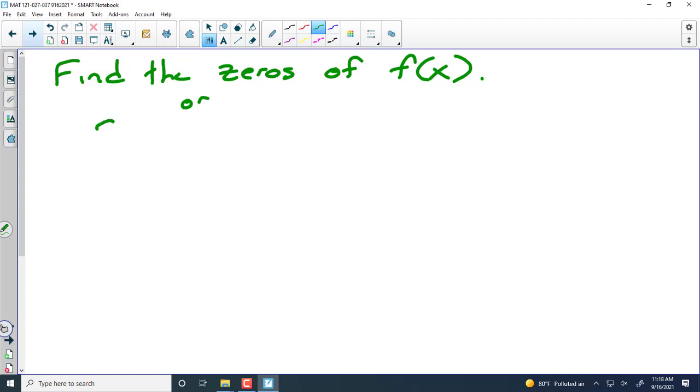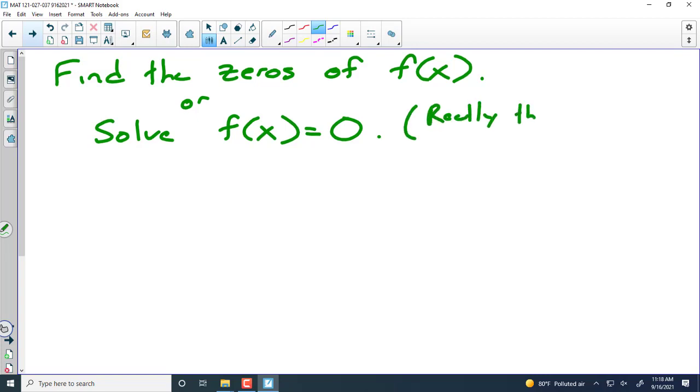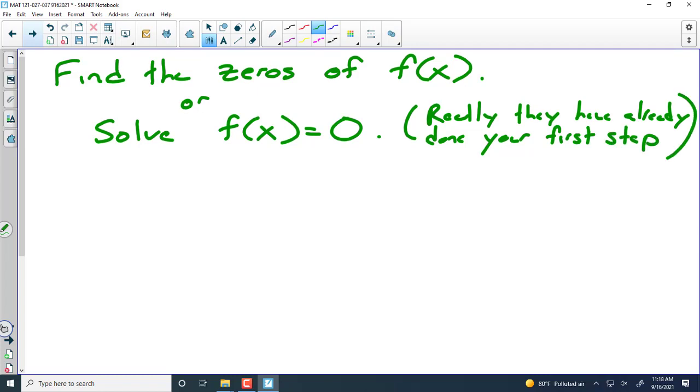Or you might even see this, where they set it equal to 0 for you. Really, they have already done your first step. Because when I see an equation, they say find the zeros, the first thing I do is set it equal to 0. So if they set it equal to 0 and say solve, they've actually already done your first step for you.